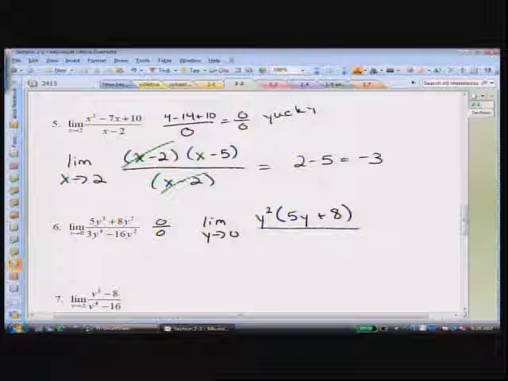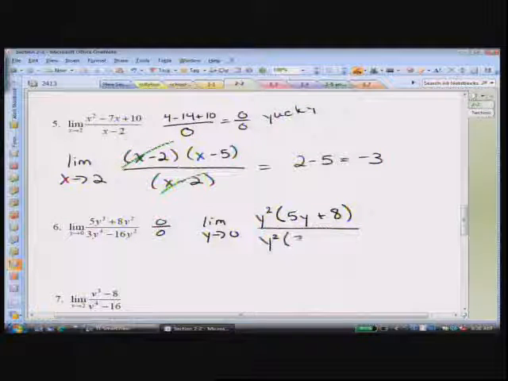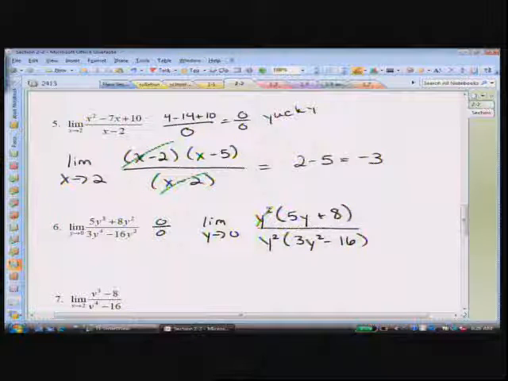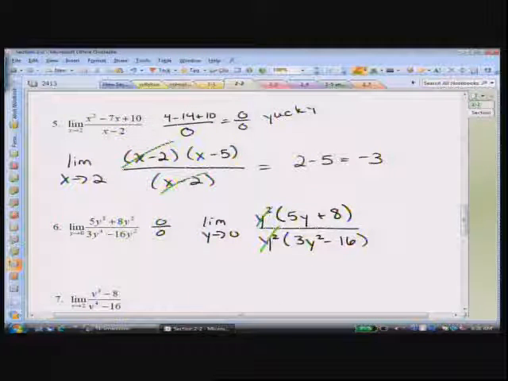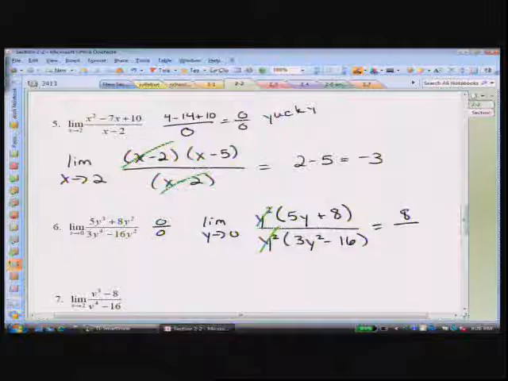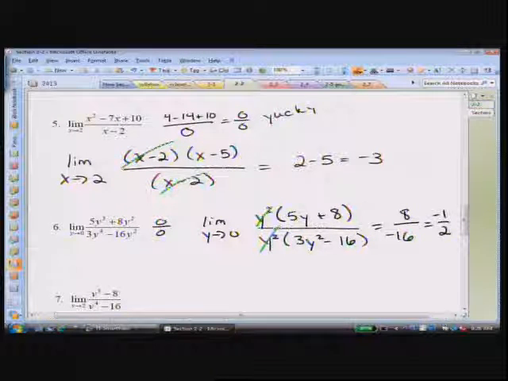Now here, I can factor out a y squared on this one as well, and I'll have 3y squared minus 16. My y squareds then will cancel. So I will cancel those. And now it does appear that a direct plug-in will be allowed. If I plug 0 in here, I'm going to get 8 over negative 16 or negative 1/2.